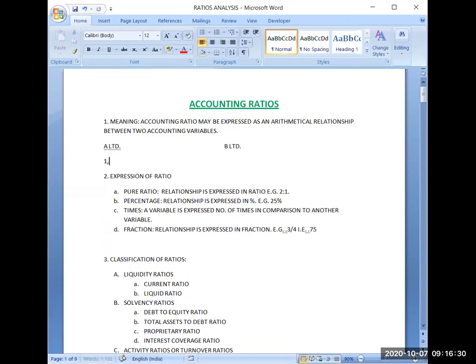Profit of A Limited is 1 lakh and profit of B Limited is 2 lakh.